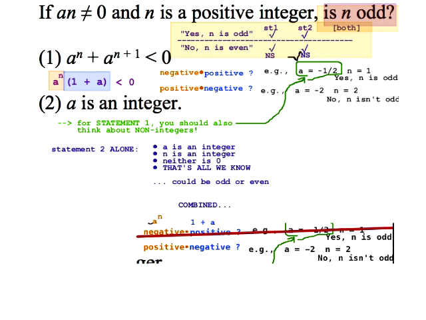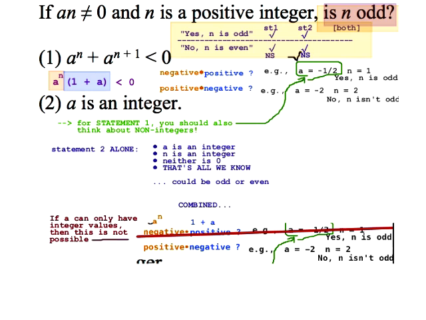So if you combine the statements, if A can only have integer values, then this case is not possible. The other case is still possible, of course, because something has to work. But this case no longer flies.